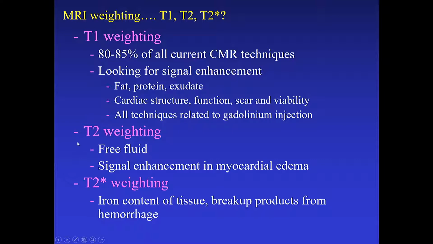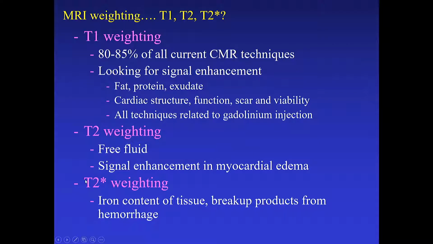There are some specialized techniques that are more specific to look at a specific condition, such as T2 weighted. T2 weighted imaging of the heart is currently used to look at free fluid in the myocardium, or so-called myocardial edema, in the case of acute infarction, acute coronary syndrome or myocarditis. Then T2 weighted is to look at foci of tissue edema.